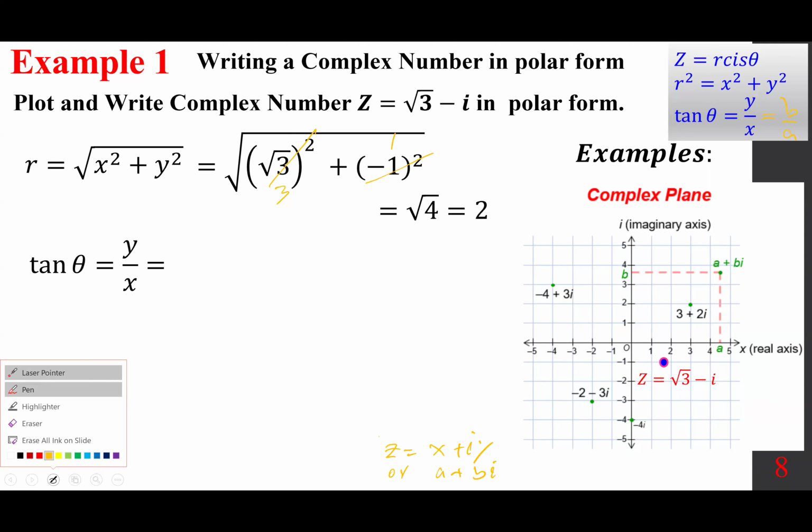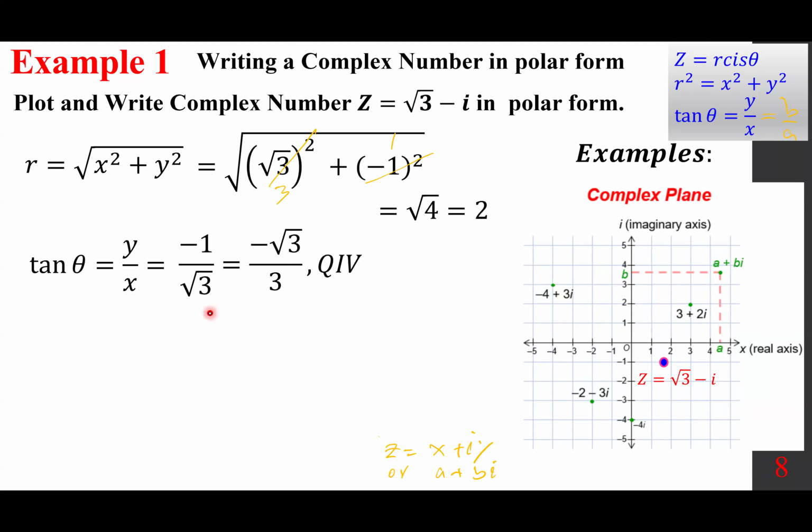Anyways, y over x. So what is y? The coefficient of i, which is minus 1, over this, which is square root of 3. Negative 1 over square root of 3, I can rationalize it. And I get minus square root of 3 over 3.